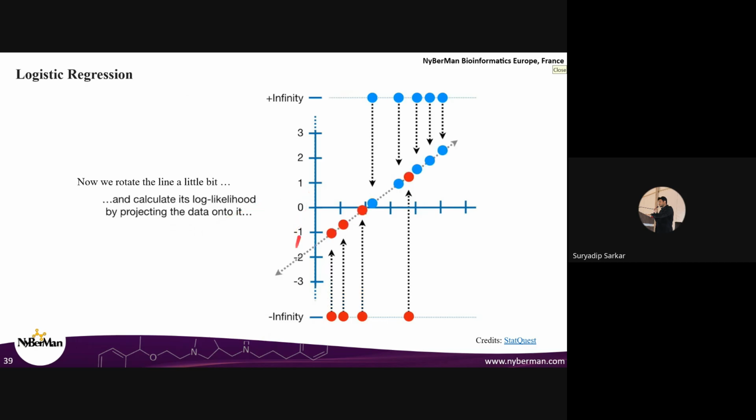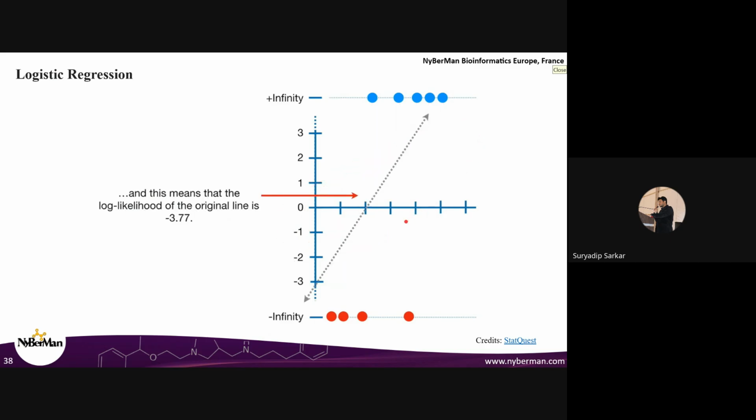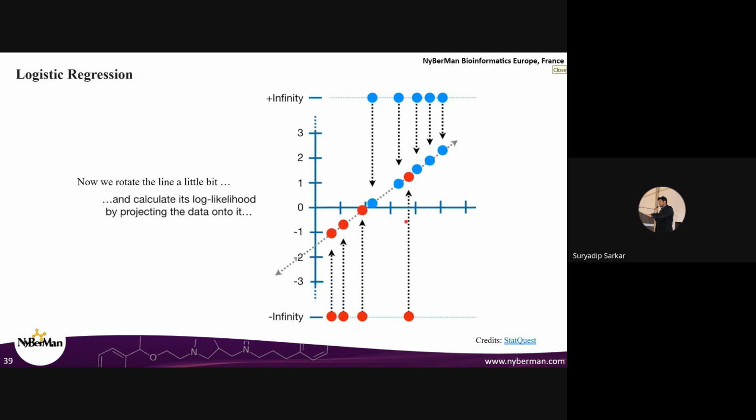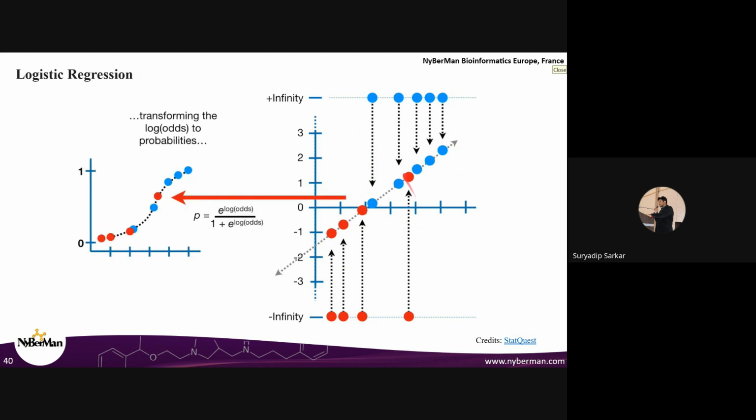Now we can rotate the line a little bit. So this is another candidate line. All we have done is rotate the line a little bit, so we have changed the slope and intercept. Just like in the previous iteration, we can again calculate its log likelihood. We first project the data onto the line, then convert the data back to the sigmoid curve using this particular formula.